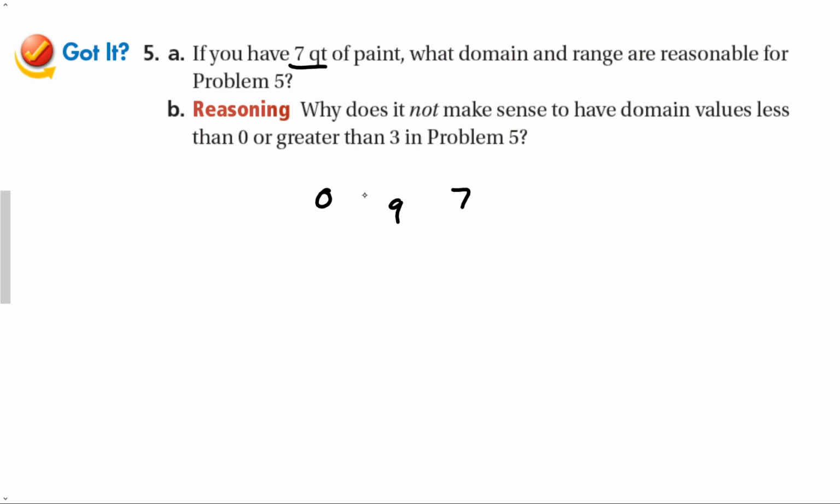Okay, so the way we say that is 0 is less than or equal to Q, less than or equal to 7. Okay, because you could buy 0. You could buy, or you could use 0, you could use 7. Okay, so that's the domain. And my range becomes anything, right? The area of Q becomes anything from 0 to 700.